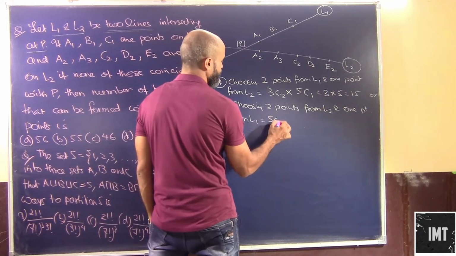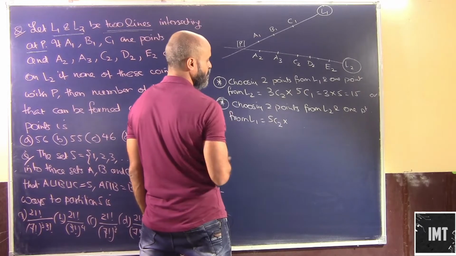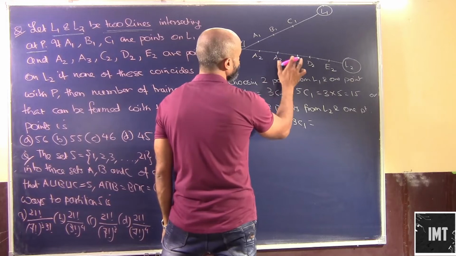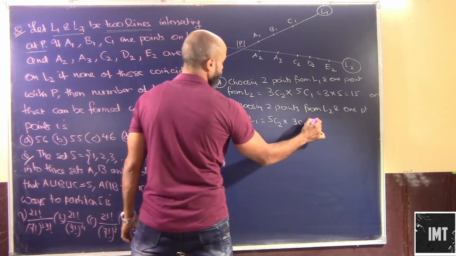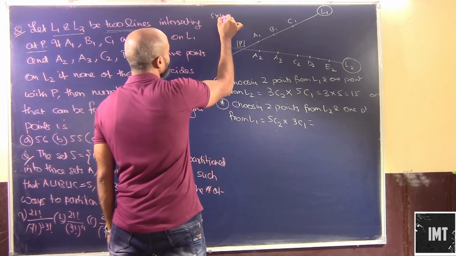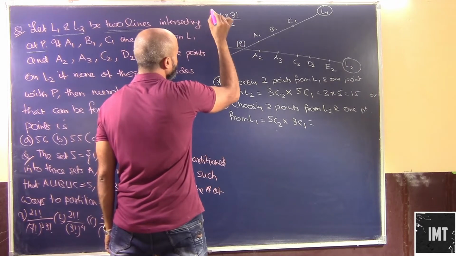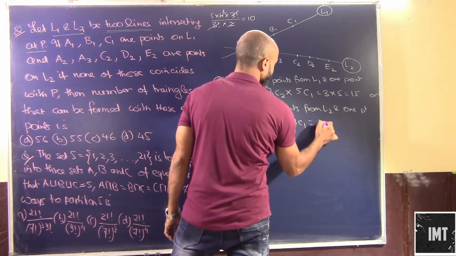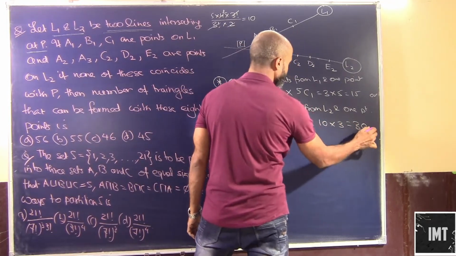That will be 5C2 into 3C1. 5C2, 1, 2, 3, 4, 5, we have to choose 2 points from here, and 3C1. So that's going to be 5 into 4 into factorial 3 upon factorial 3 into 2. So this gets cancelled. So this will be 10. So that's 10 into 3, that is 30.